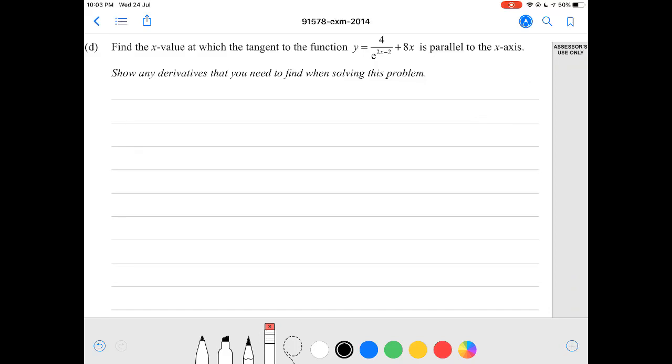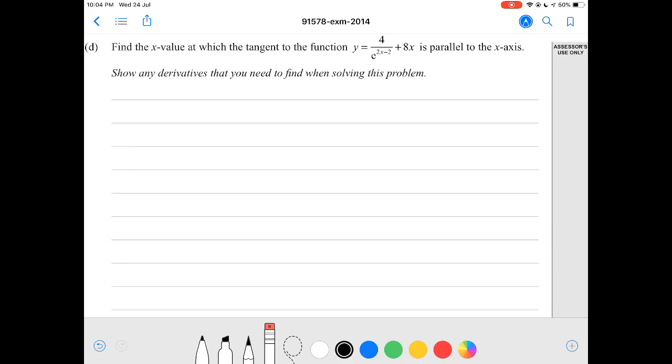So basically what you want to do here is differentiate to find our dy over dx, and then make the gradient 0 to find the x value where the tangent is parallel to the x-axis. Alright, so in this question we have 4 divided by e to the power of 2x minus 2.